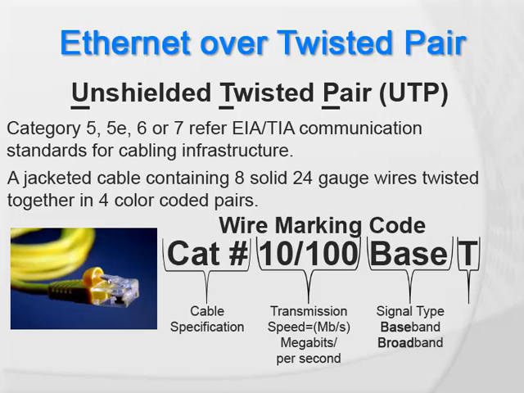Baseband, which is what you will typically find inside a closed lighting network like a building or a lighting system, uses the entire bandwidth available in the cable to transmit a signal. Broadband, which you will typically find in open networks, like a cable company providing internet to all the houses in a neighborhood, is designed to see many small independent signals broken into multiple packets. The next piece of code is a letter which determines the type of wire. Typically, this will end in a T, indicating twisted pair wire.